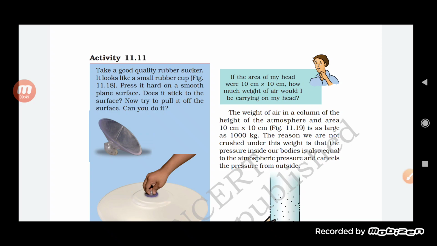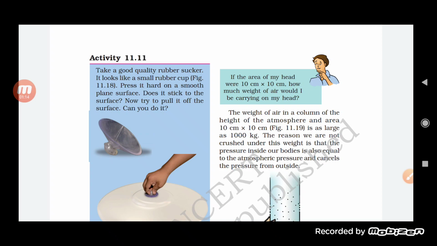We have seen a lot of applications, students, in which we can understand how pressure plays an important role. We have also seen why we carry broad strap bags rather than narrow ones.